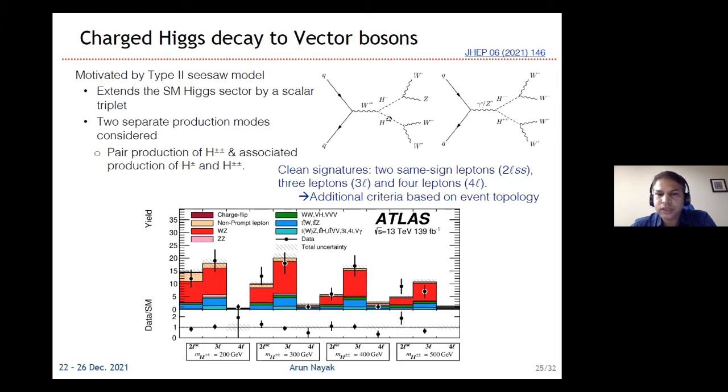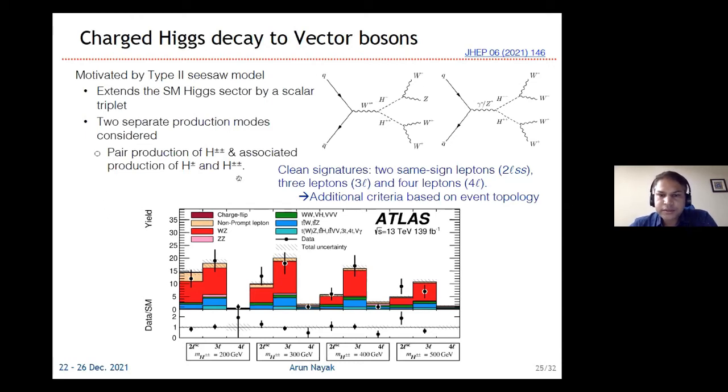While the doubly charged Higgs decays to a pair of W bosons, the singly charged Higgs decays to W and Z, so in this case you have 4 Ws in the final state. These production modes are considered separately, not together in this analysis, because they consider that in this case the singly and doubly charged Higgs are not degenerate, while in the previous case they are degenerate.